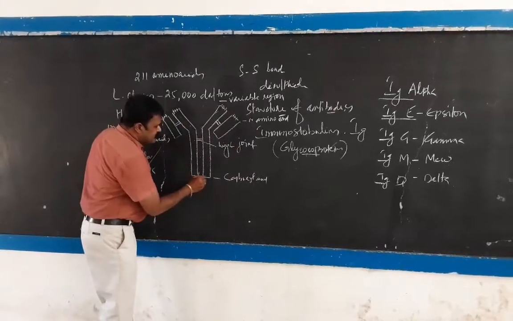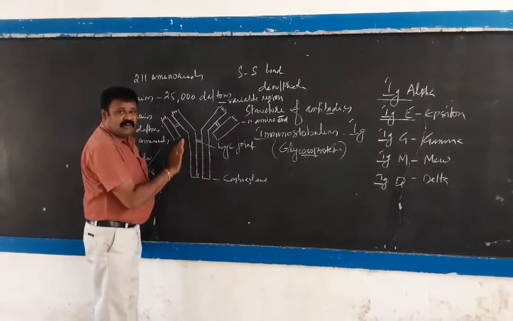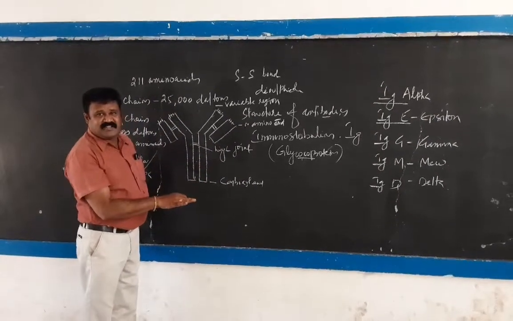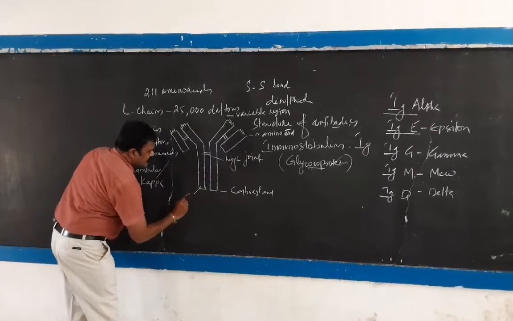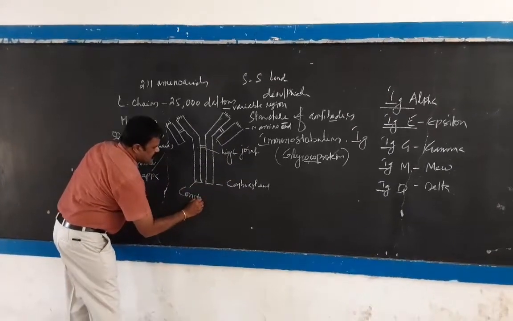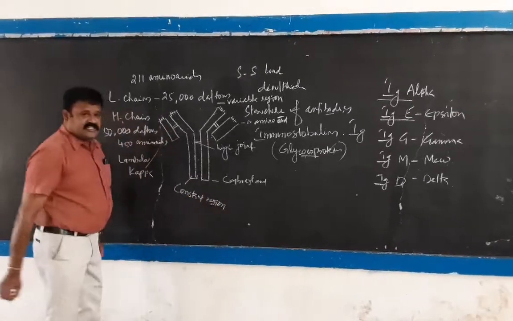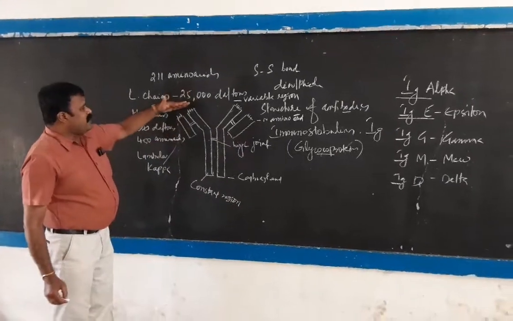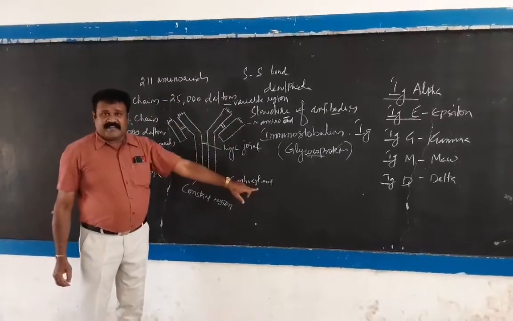But the amino acids present in the lower end or carboxyl end are constant. They are permanent. So this carboxyl end is also called the constant region. So the upper end of each chain is called the N-amino end, and the lower end is called the carboxyl end.